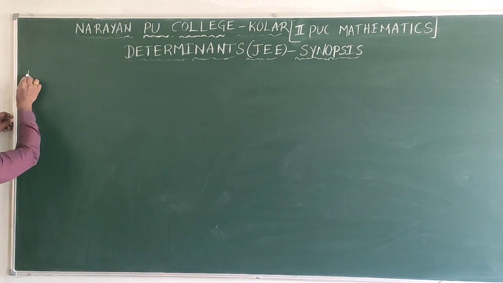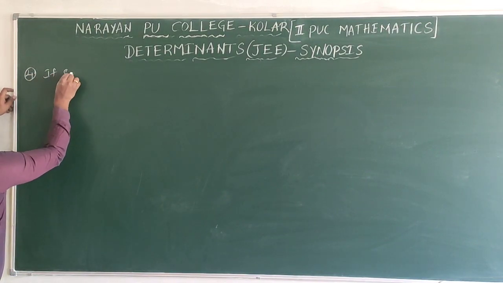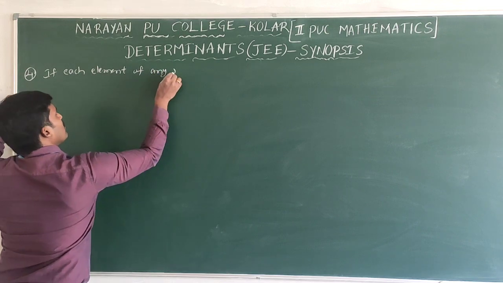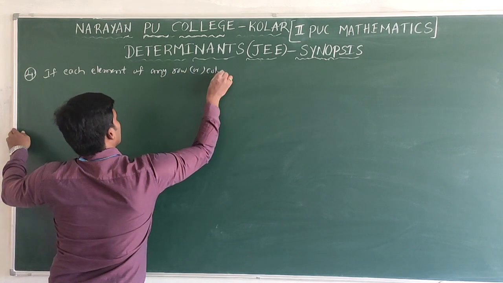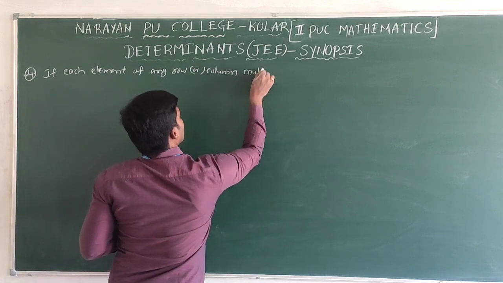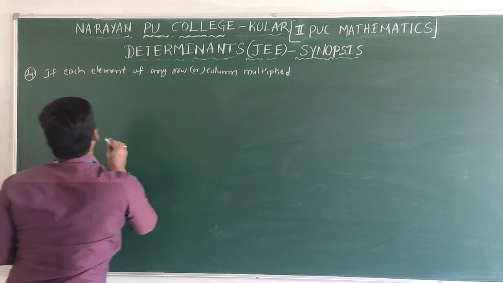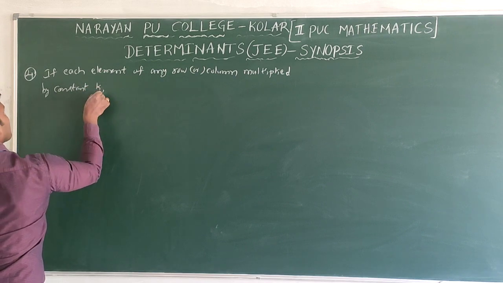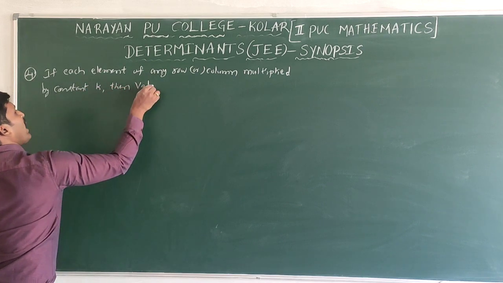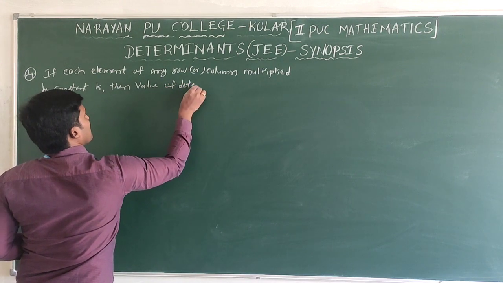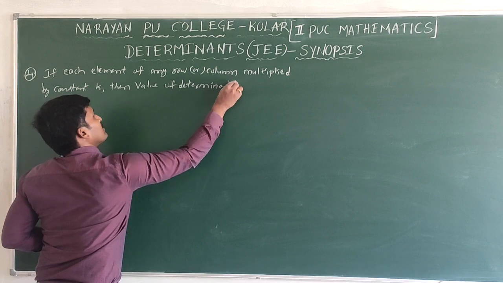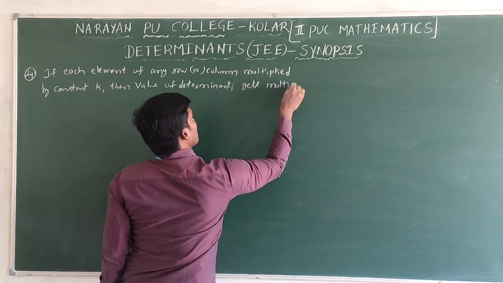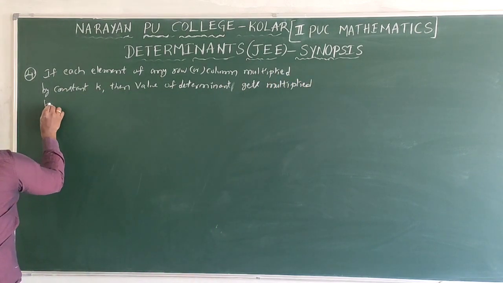Next, the fourth property. If each element of any row or column is multiplied by a constant k, then the value of the determinant gets multiplied by k.